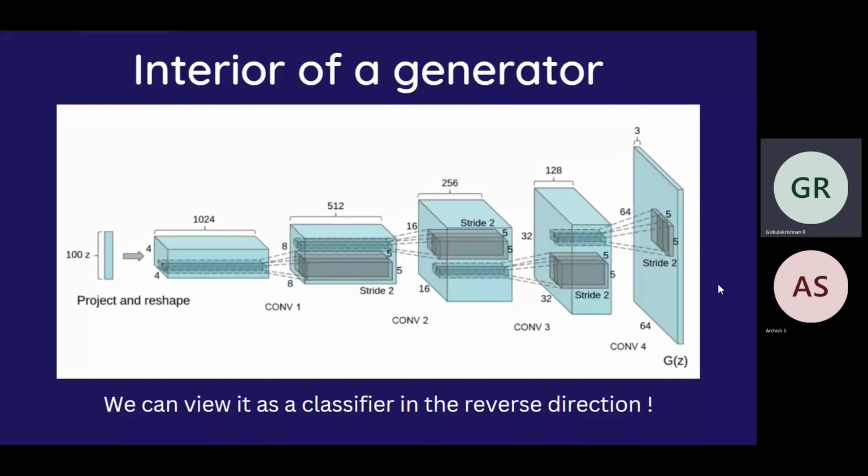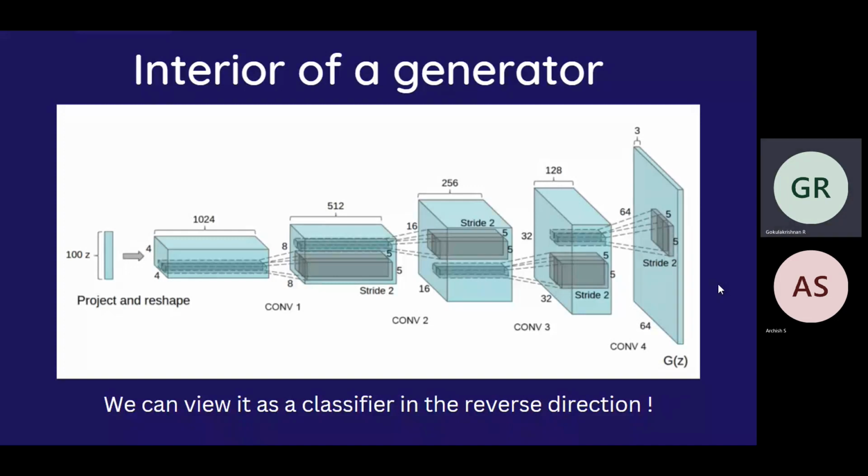From this unidimensional vector of 100 random numbers, you're somehow coming up with a larger dimension, and that's an image.